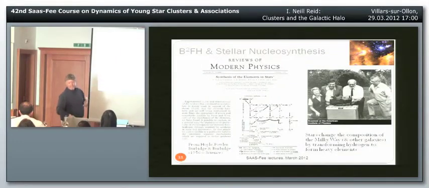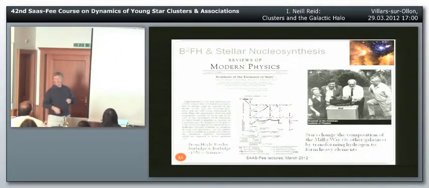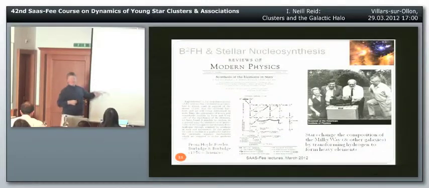Okay, and then actually making elements. Burbidge, Burbidge, Fowler and Hoyle, B squared FH, was published in 1957. And that was really the fundamental paper describing how stellar nucleosynthesis transforms hydrogen and helium into heavier elements.